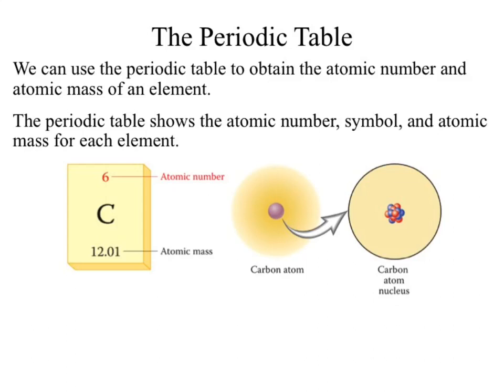Still not equal to 1. What we have to realize is that you're looking at a weighted average. There is a lot more of hydrogen with mass 1 than there is of hydrogen with mass 3. That weighted average is a calculation that you will have to go through and deal with. We're not going to deal with it right now. I just want to make sure you're aware of that difference.